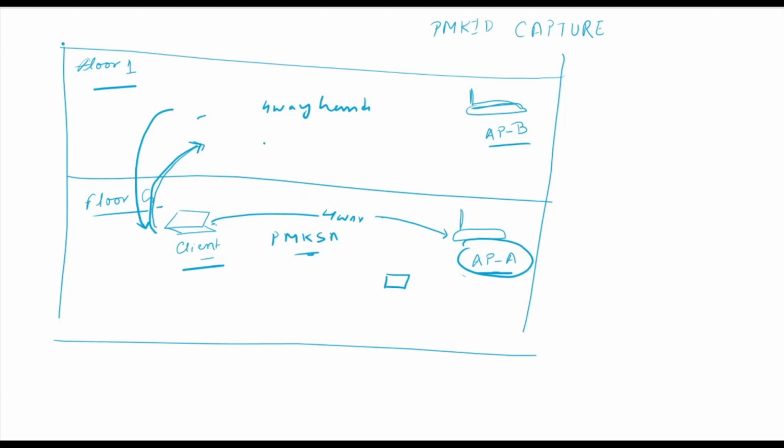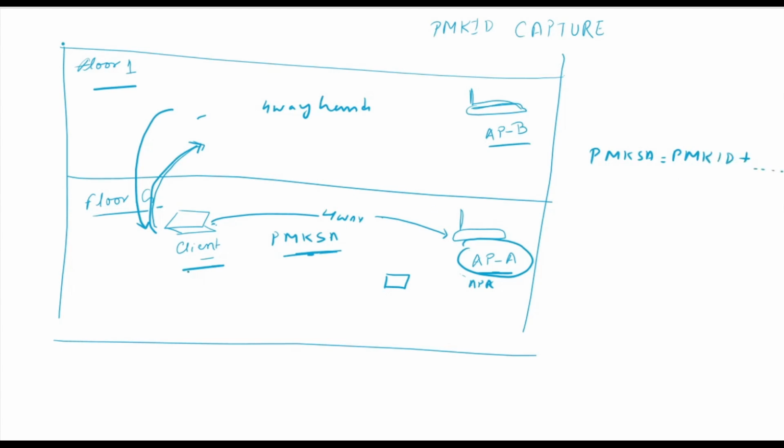To avoid this repeated four-way handshake and to avoid this lag, there is a concept known as PMK caching. In PMK caching, the access point keeps the PMKID as a cache. PMKSA consists of the PMKID plus other parameters.